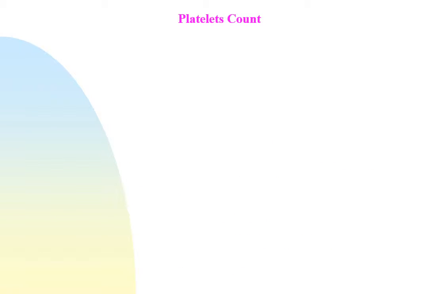Platelets count is the number of platelets present in 1 cubic millimeter. It can be determined by 3 methods. Electronic method: recent electronic counting devices are now available in most hematology labs to easily count platelets in blood samples.